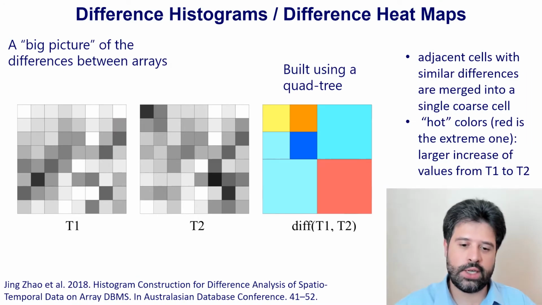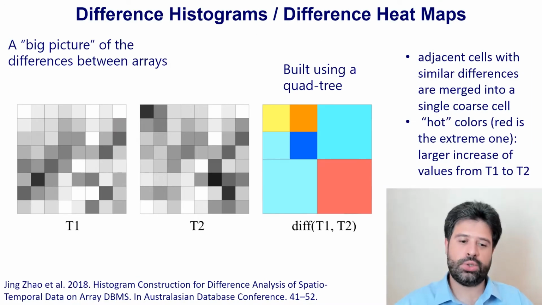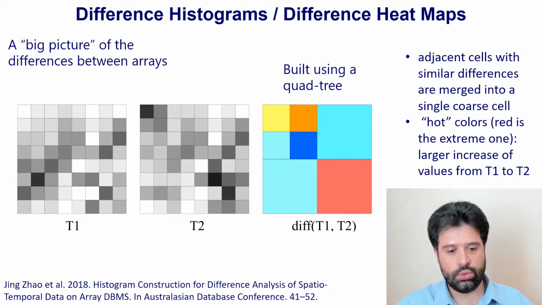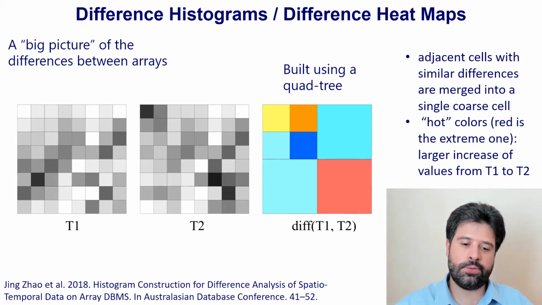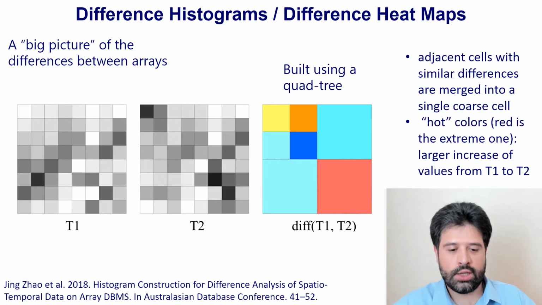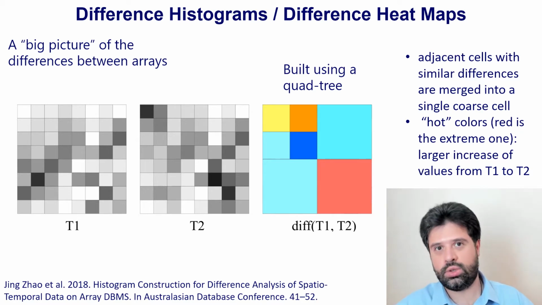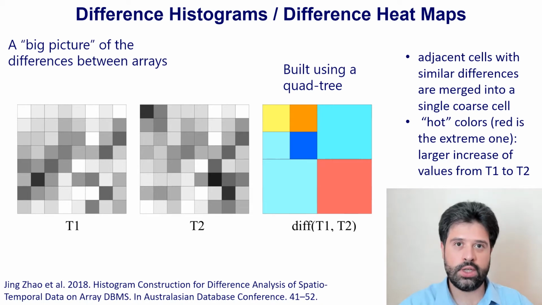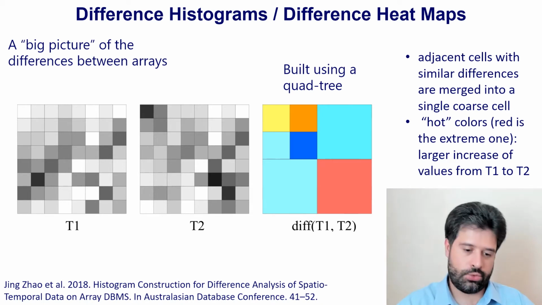Difference histograms provide a big picture of the differences between arrays. As an example, consider arrays T1 and T2. The intensity of gray color reflects the value magnitude. To grasp the high-level differences between these two arrays, a difference histogram is built using a quad tree.